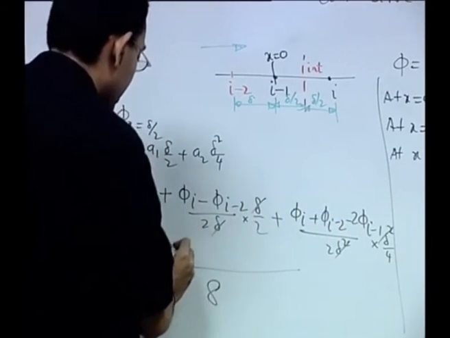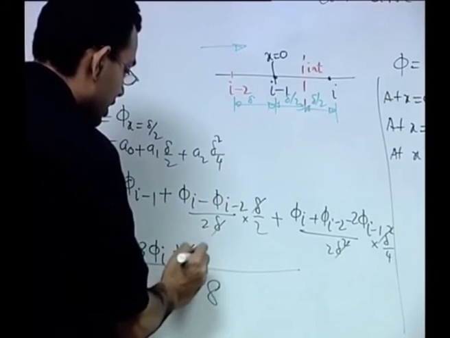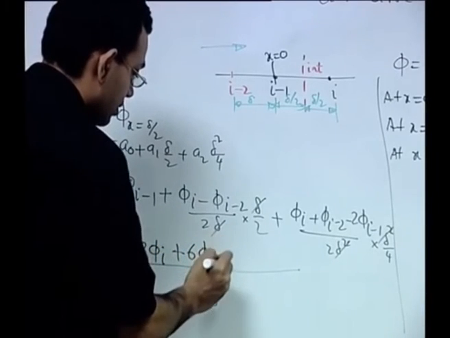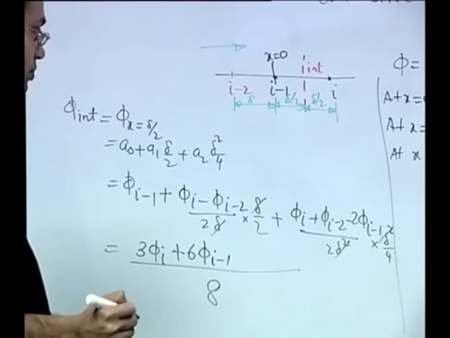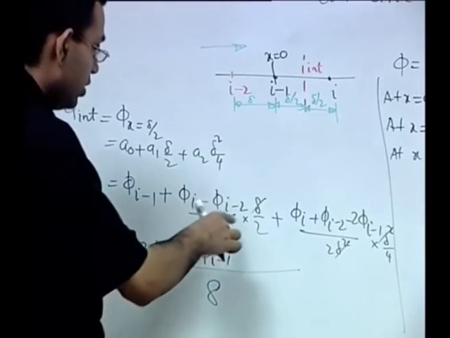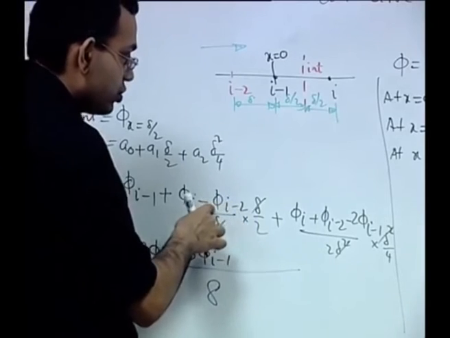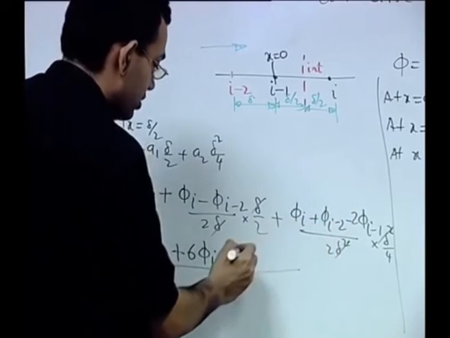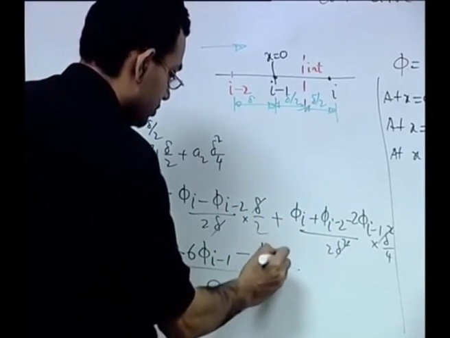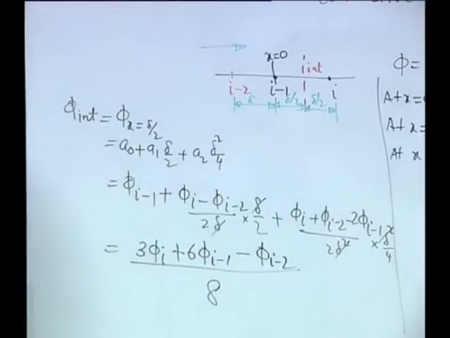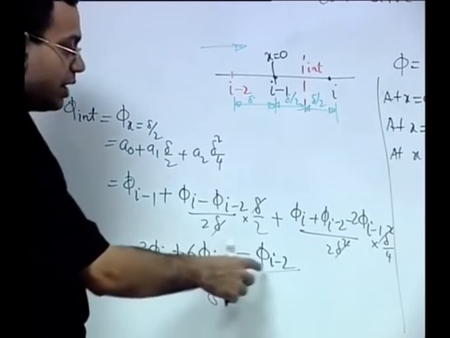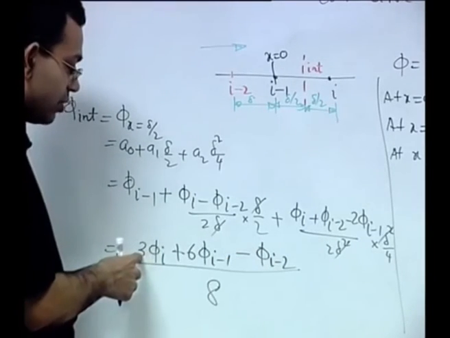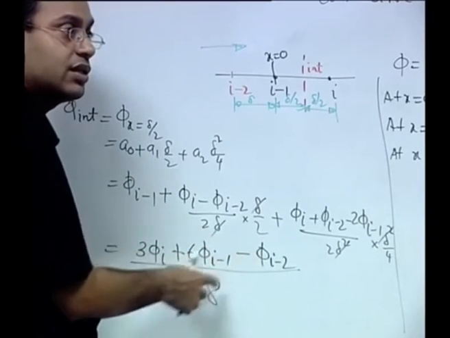So, 6 plus 6 phi I minus 1 and phi I minus 2. Here you have minus 2 and then you have plus 1. So, minus 1. Okay. You can see that ultimately it is a weighted combination of I minus 1 and I minus 2. Sum total of the weight 3 plus 6 minus 1 is equal to 8.